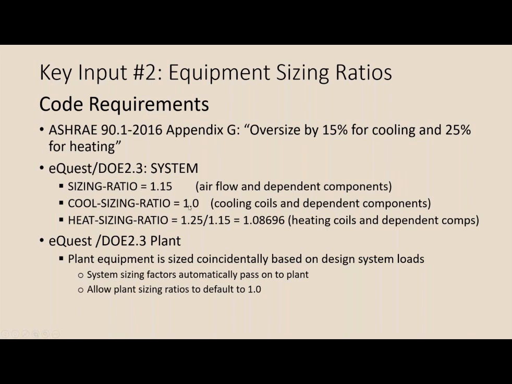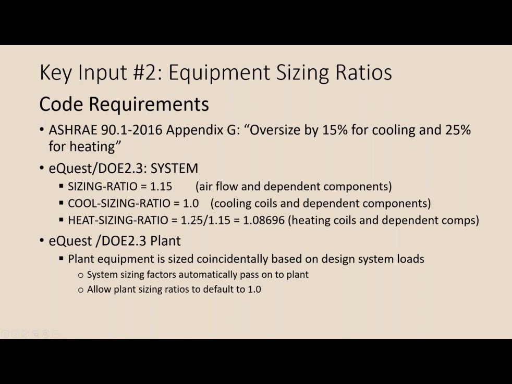The cool sizing ratio is how much additional sizing factor is applied to cooling coils on top of the sizing ratio. Since cooling is 15%, this value of 1.0 is multiplied by 1.15 to give a 15% sizing for cooling.